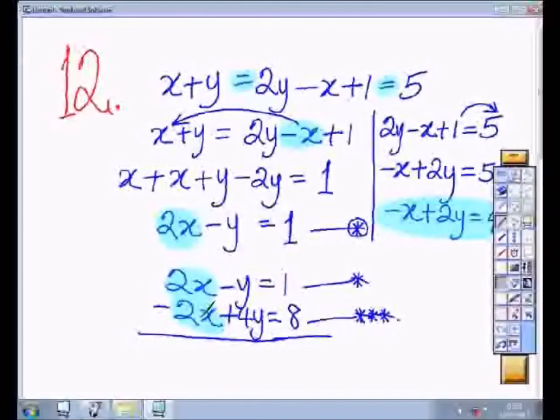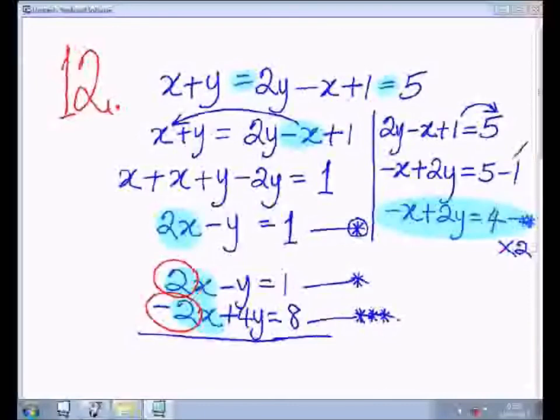If the variable that you are to eliminate have different signs, in the sense that the 2 here is a positive 2, while the 2 here is a negative 2, in such situation, what you do is to add the two equations together. If they have the same signs, you subtract.